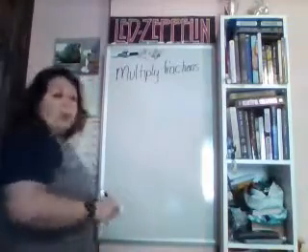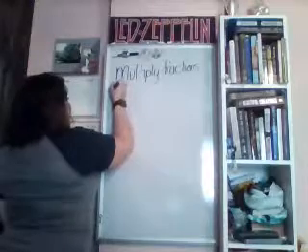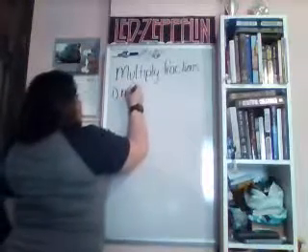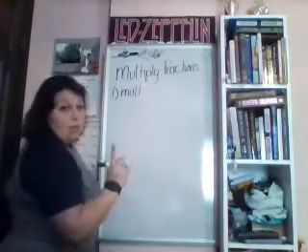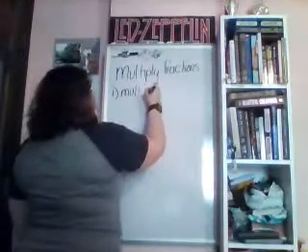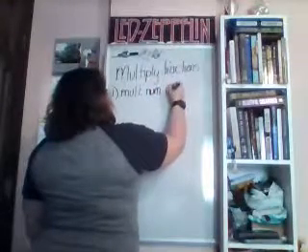Okay, so when we multiply fractions, again, we're going to start with our steps. So our first step is you're going to multiply. I'm going to just abbreviate that, but that means multiply. So multiply your numerators straight across.